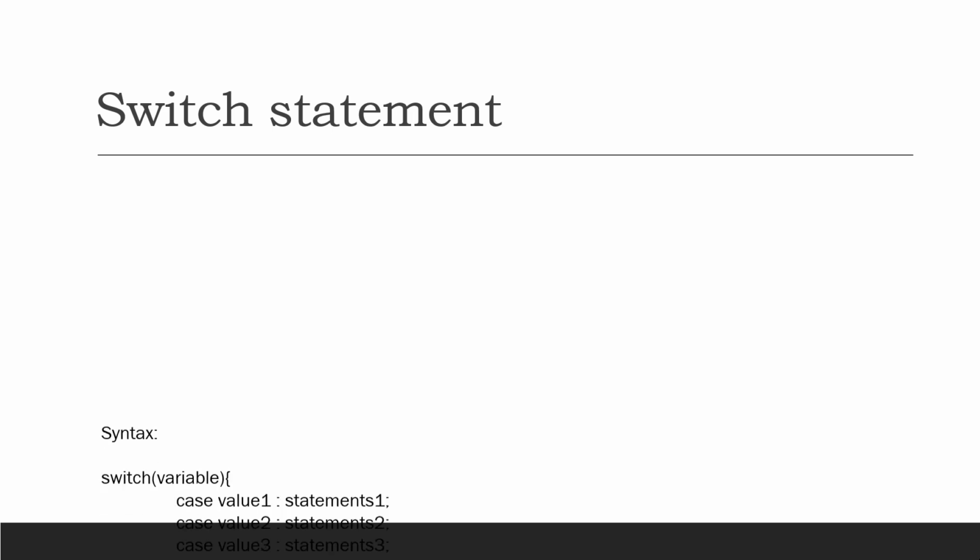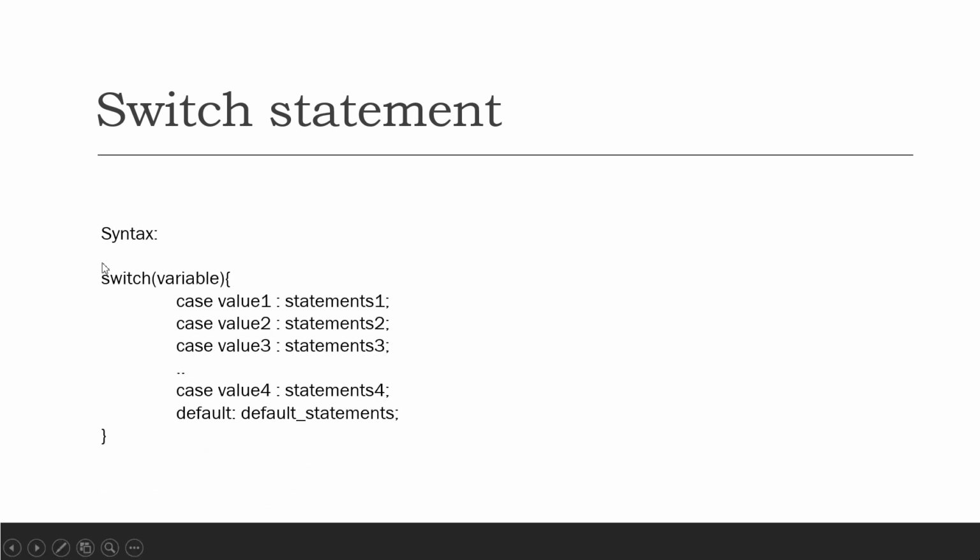So what is the syntax of the switch statement? We write some variable here, and that variable is going to be matched with the case values we provide. If you see the syntax of the switch statement, it says switch, then some variable, then there are multiple cases: case value 1, value 2, value 3, value 4, and so on, and then default.